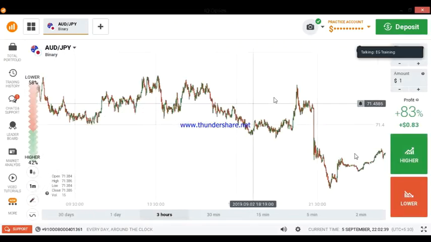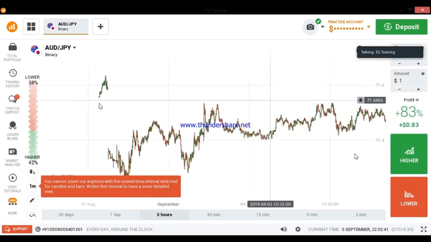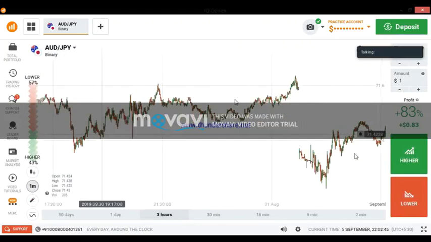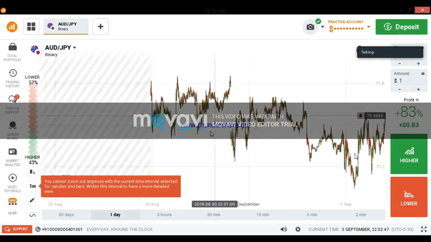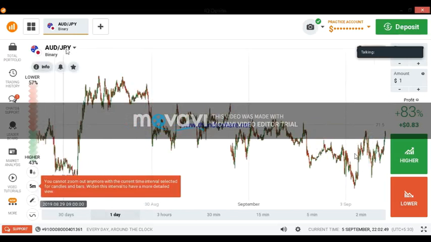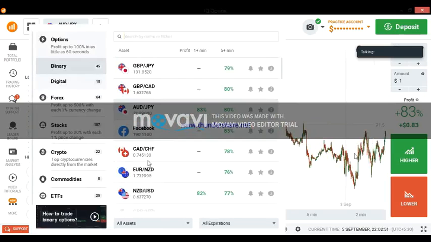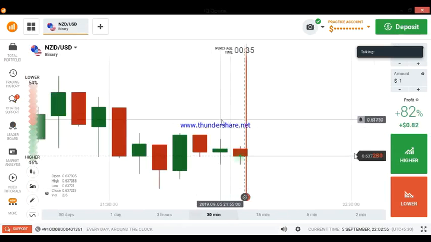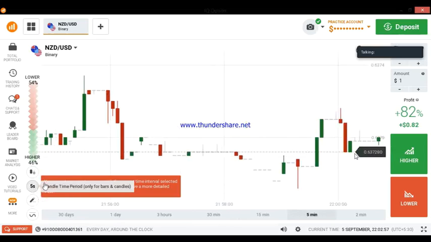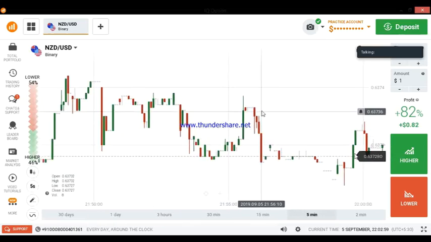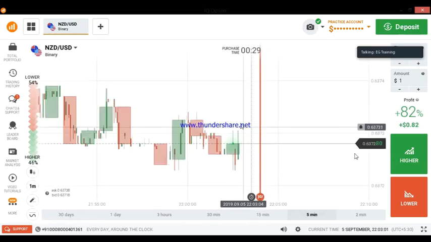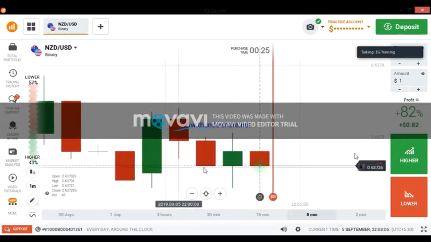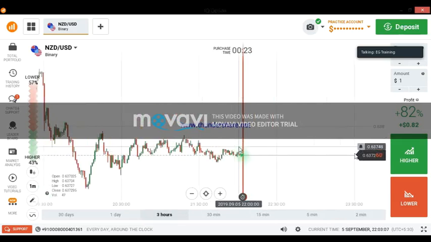Okay, near to this price bar, I will try to go. I think there is no chance here. I'll show you in this pair. Okay, this is a price bar. This is a price bar. We need to go in the past.